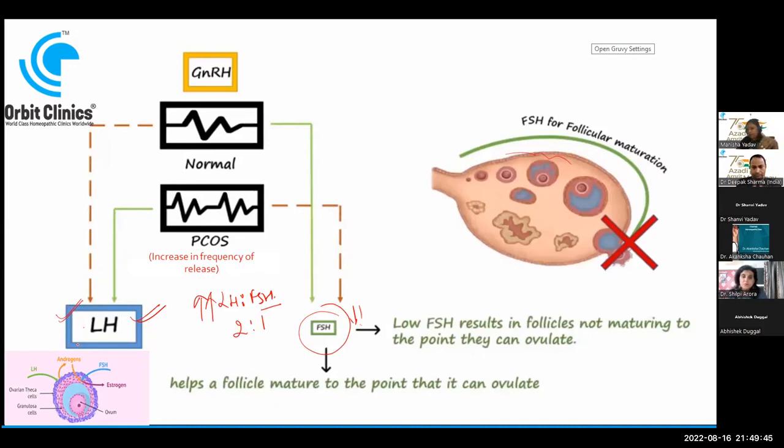Because of increased LH, there is more stimulation of the thecal layer of the follicles, which ultimately leads to excessive production of androgen. So this perspective also shows that there is an increased level of androgen. Either through insulin resistance, the androgens are going to increase, or because of this hormonal imbalance, excessive LH can lead to development of excess androgen in the blood.